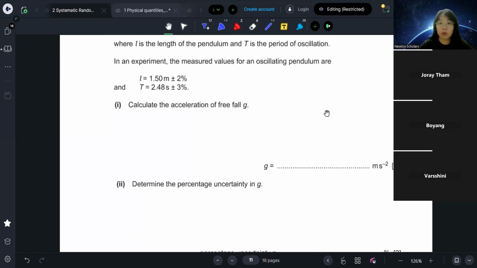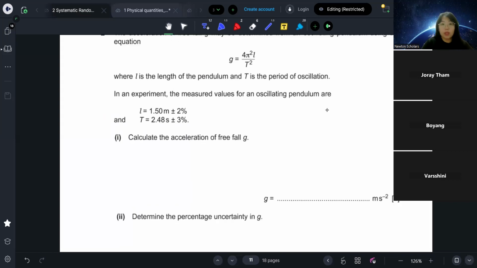Okay, question number 2 here. Let me write it down. This one, G is equal to 4 pi square L divided by T square. Now this one, they already give you in percentage. We no need to count back the fraction, no need. So what should I do? I use the percentage of this plus this percentage.